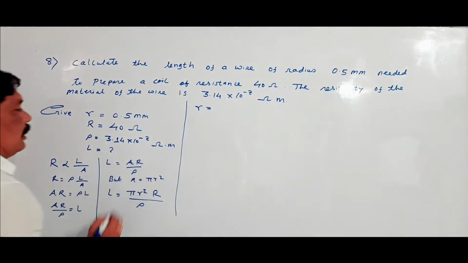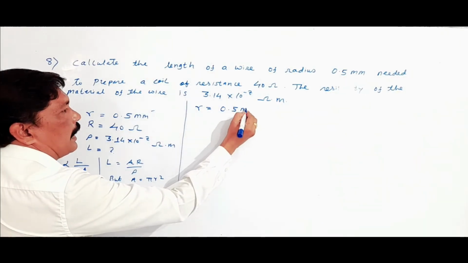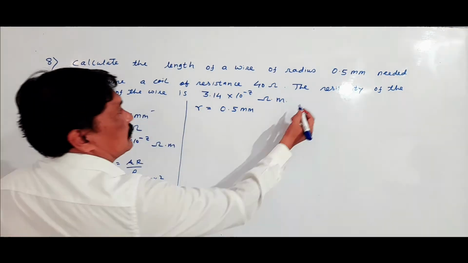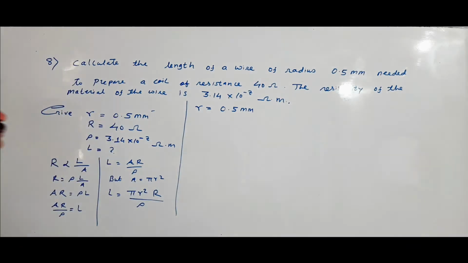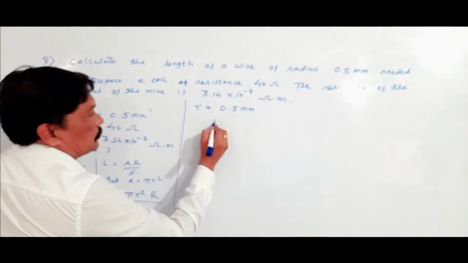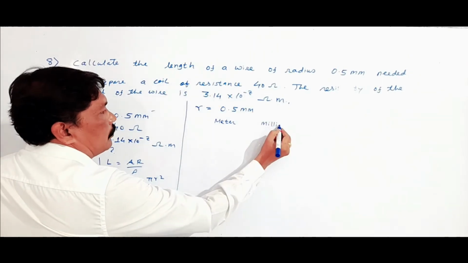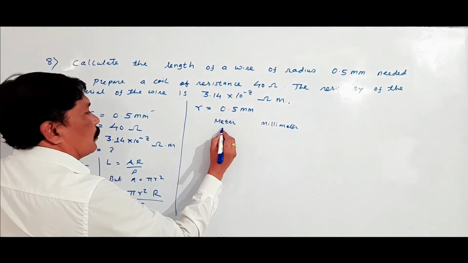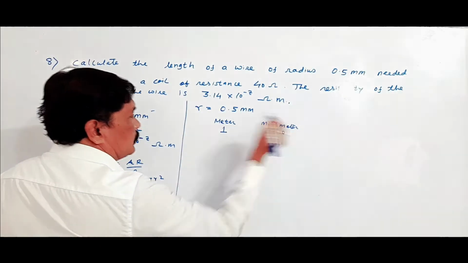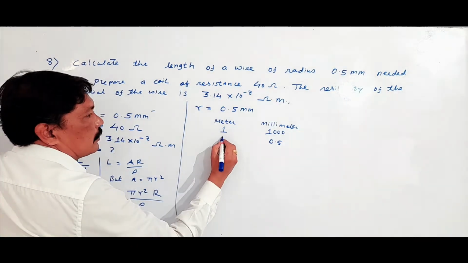R is introduced in the formula. R is given. What is r? It is 0.5 mm. So it is given in millimeter, and the other value is given in what? Ohm meter. So millimeter we have to convert into meter. We know 1 meter is 1000 millimeter. 0.5 millimeter is x meter.